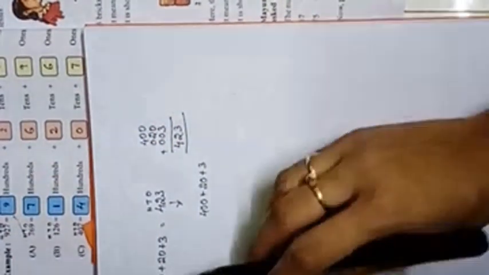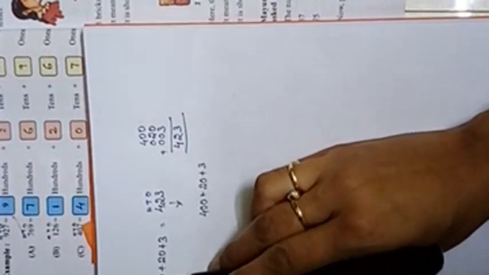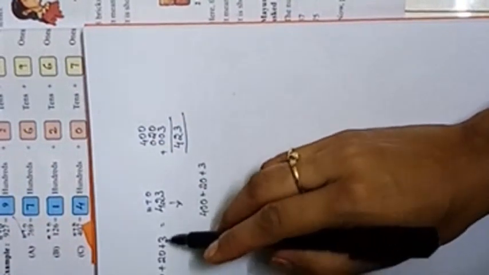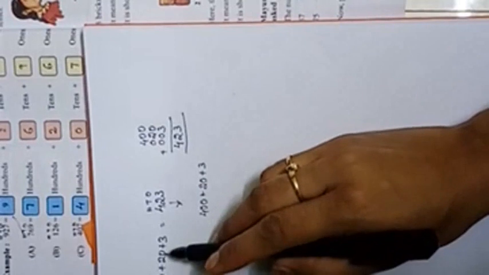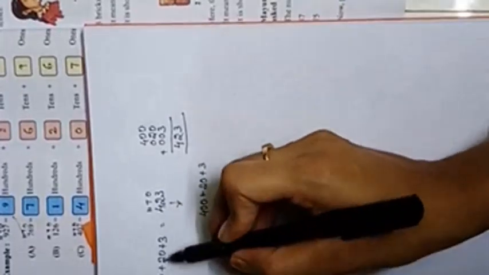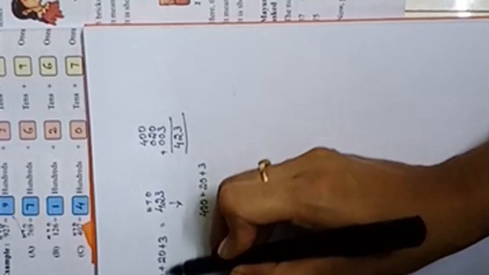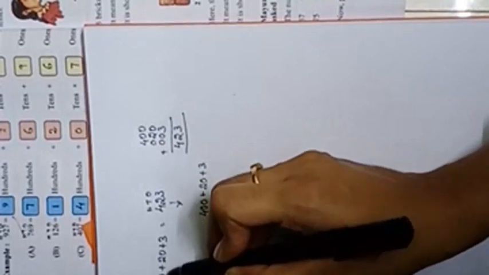Understood, children? When you add a 3-digit number with a 2-digit number, this tens place number will go and settle in the tens place. When you add a single-digit number to that 3-digit number, where will it go and settle, children? In the ones place. So this tens place number 20, this 2 will go and settle here, this 0 will settle here.